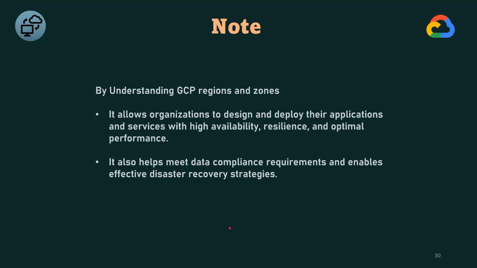That is what we have understood. It also helps meet data compliance requirements and enables effective disaster recovery strategies. So by understanding GCP regions and zones, you will be able to deploy your application with high availability, resilience, and optimal performance.